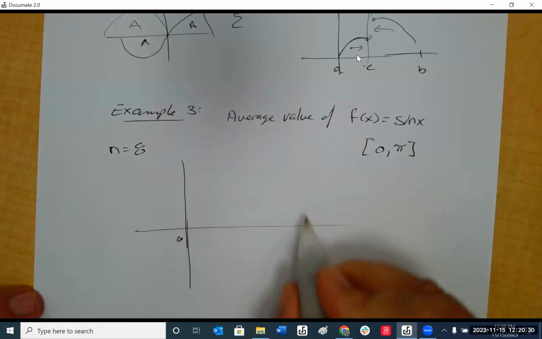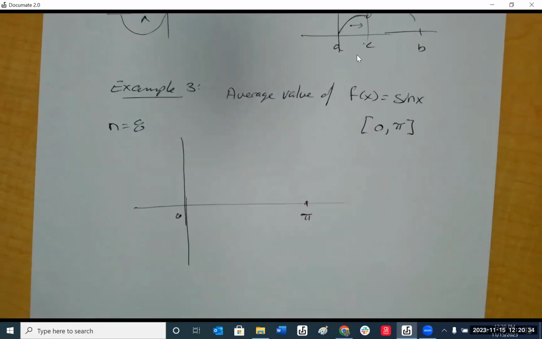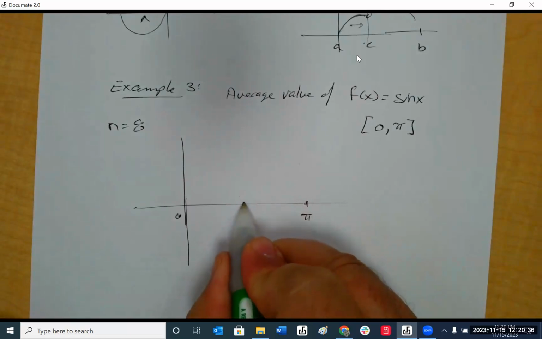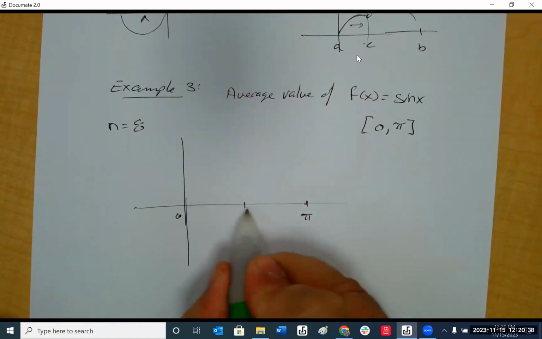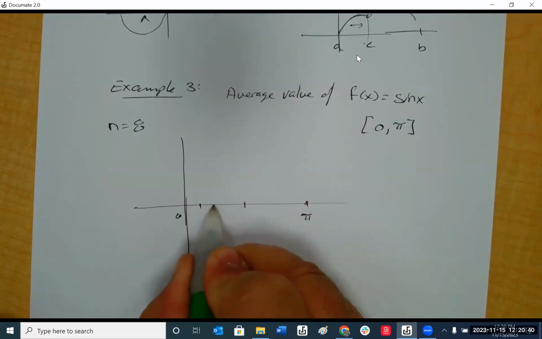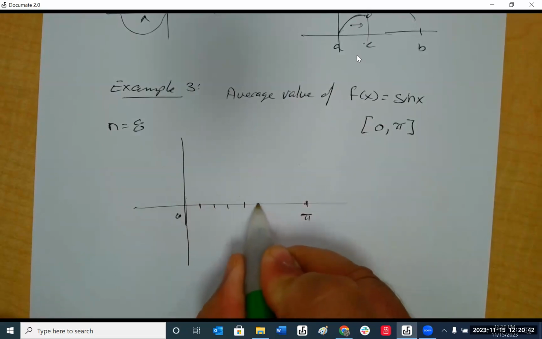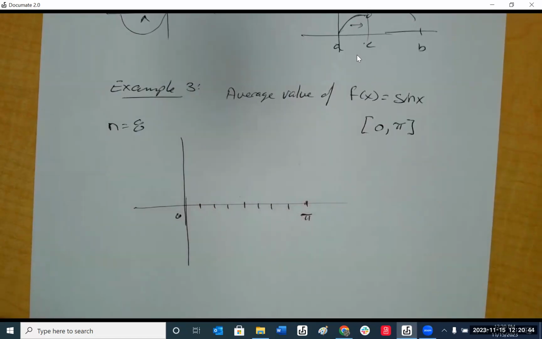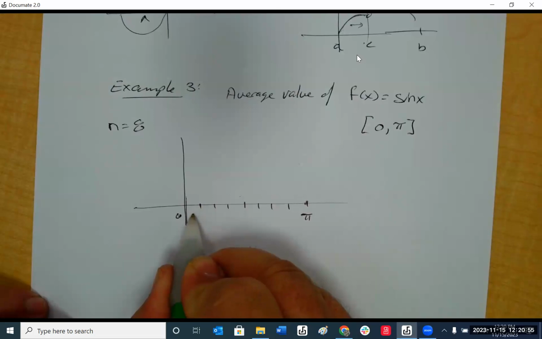We're going from 0 to pi. So this first one is pi over 8.